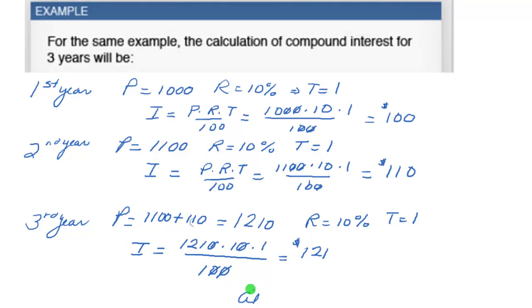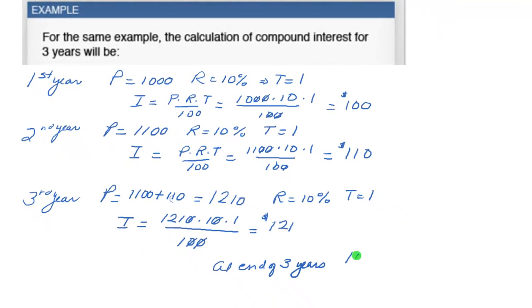So at the end of 3 years, how much interest have you earned? Well, year number 1, you earned $100. Year number 2, you earned $110, and year number 3, you earned $121, or when you add those together, you have $331.